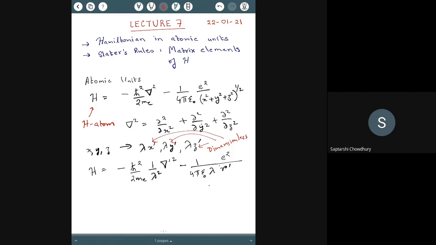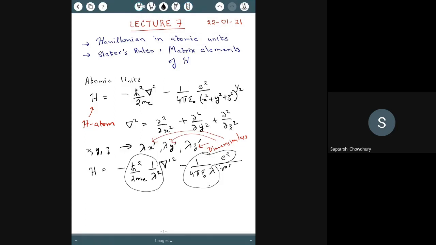And then I want a condition for lambda. Let's say I simply want to remove all these constants from my operator, and that is the condition by which I will determine the conversion factor lambda.